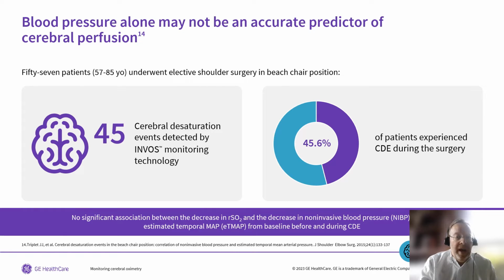There was a high incidence of cerebral desaturation. It had really no significant association whatsoever with the ET MAP. And this study showed that non-invasive blood pressure, even with appropriate adjustment, may not be that reliable for predicting cerebral perfusion.